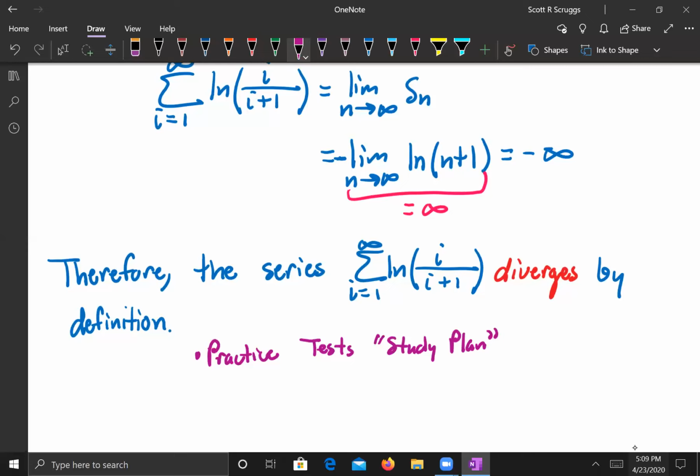Jake, I see your question. I can't specify the number of questions you can see. All I can specify is how the material is laid out. So 50% on sequences and series and power series, 30% on stuff we saw before quarantine, so the applications of integration and integration techniques, and 20% on the parametric and polar equations.